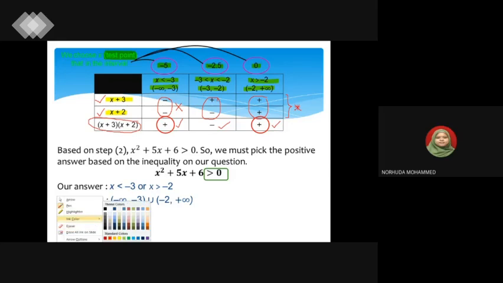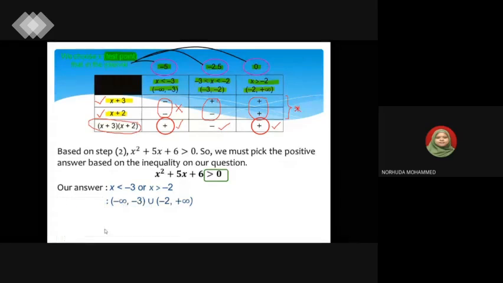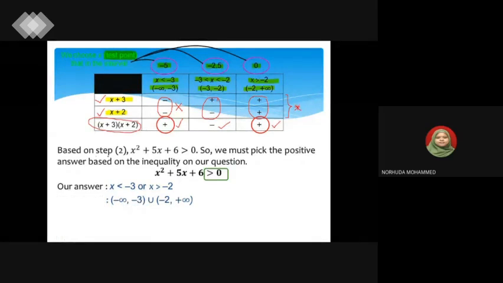Okay, next. Based on step 2, this is our inequality, so you must pick the positive. Why positive? Because as you can see, this symbol, this inequality, is bigger than zero. So we have to pick the positive.